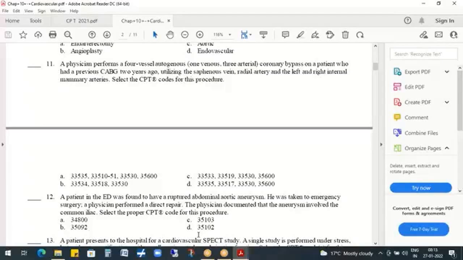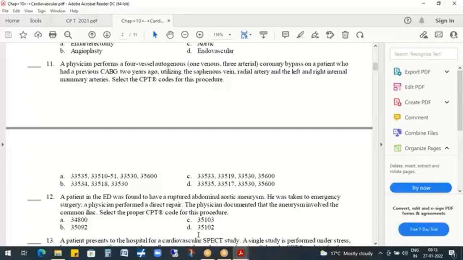Option D. Okay, some people will go blindly with A. No two primary codes can ever be coded together in CABG. For artery and vein, we will never use two primary codes. For veins, we always need to code from the add-on codes. Understood, everyone?